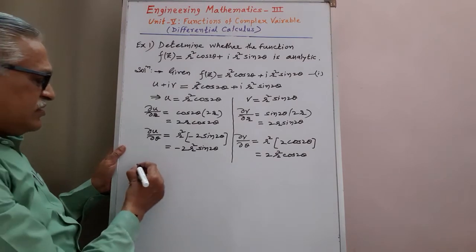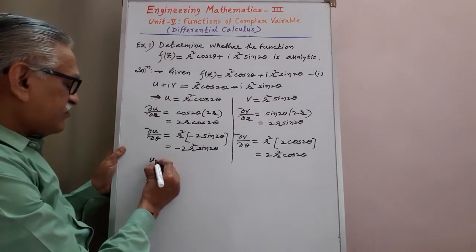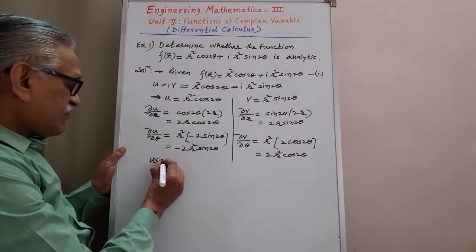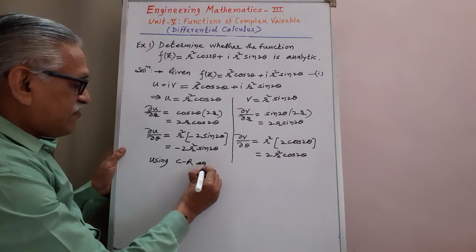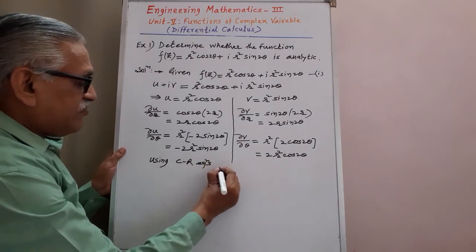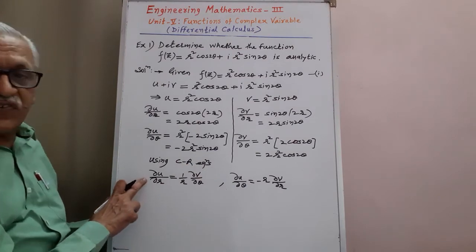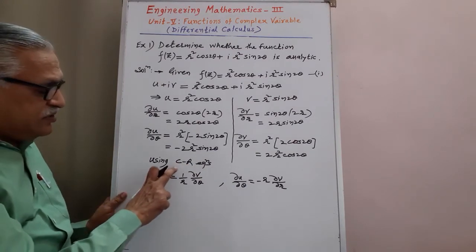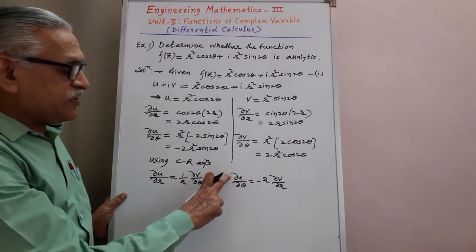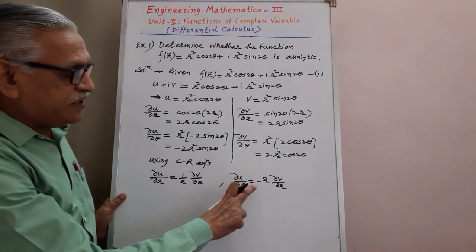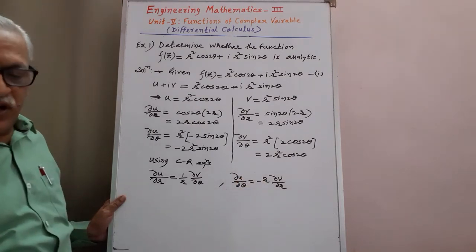Then checking the CR equations. Using the CR equations, the first equation is dou u by dou r is equal to 1 by r into dou v by dou theta, and the second equation is dou u by dou theta is equal to minus r into dou v by dou r.